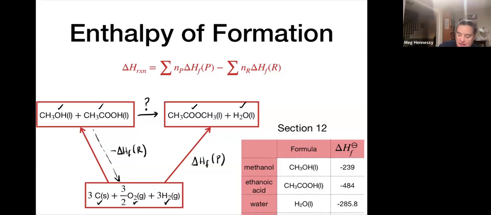It's because this intermediate that I'm using down here, the elements, are what I'm using as a starting material for these things. And so I need this reaction to run backwards because I want to go from the reactants to the elements, not the other way around.